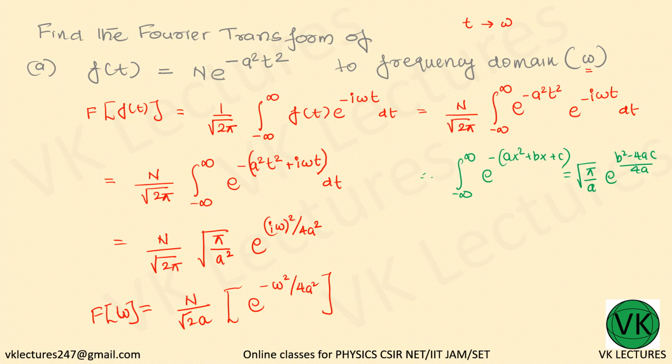Okay, so we started with a function which is Gaussian. What we arrive at is also a Gaussian function, some constant into the Gaussian, and here also some constant into the Gaussian. So there is a note to be taken.